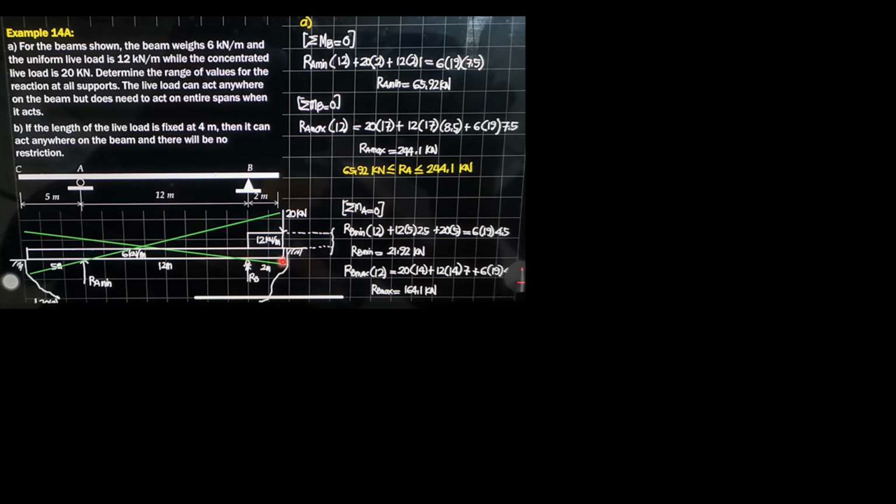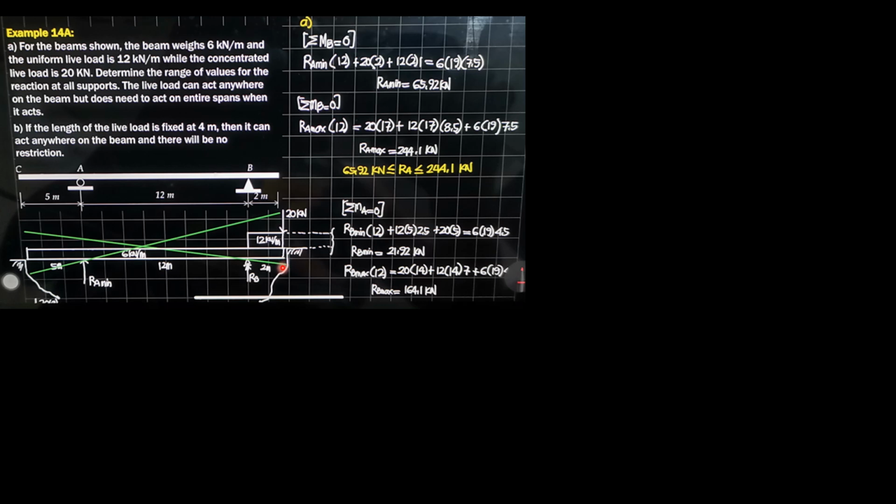For the negative part, the live load should be placed there so that the reaction at A will be minimum. So we have here the 12 kilonewton per meter live load. Of course, the dead load will act on the entire span because it is fixed. It is dead load. And the concentrated live load is placed over the maximum negative ordinate, which is at this end here.